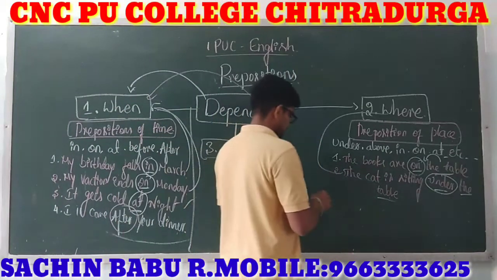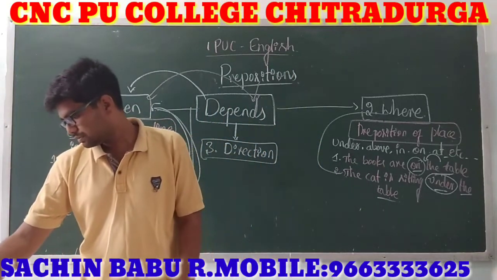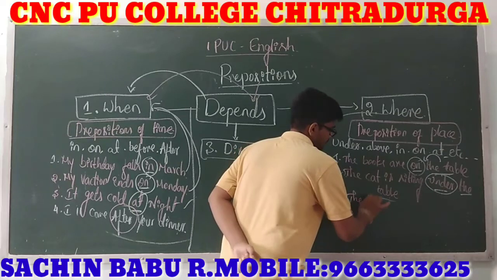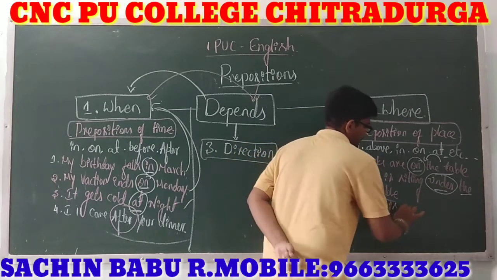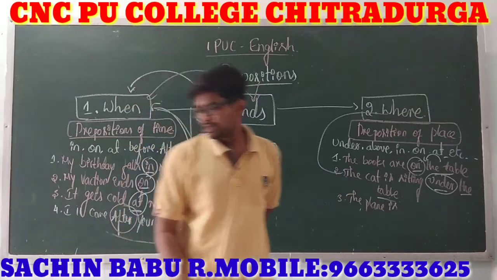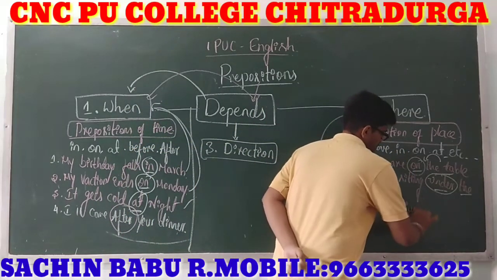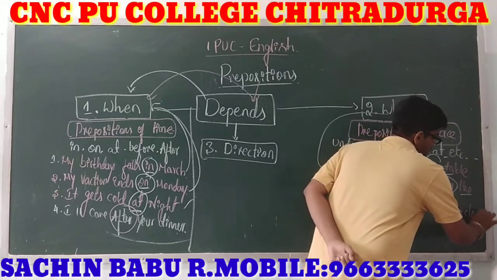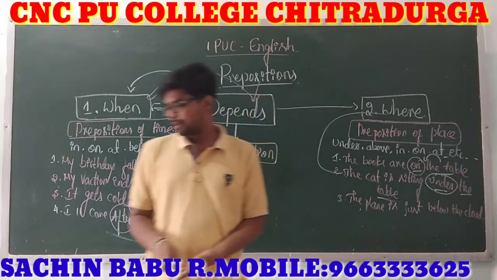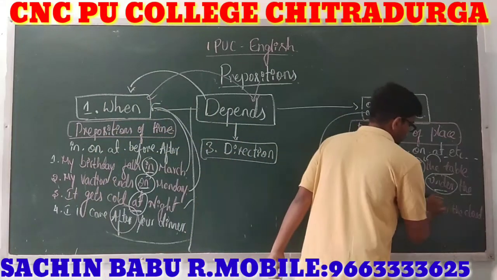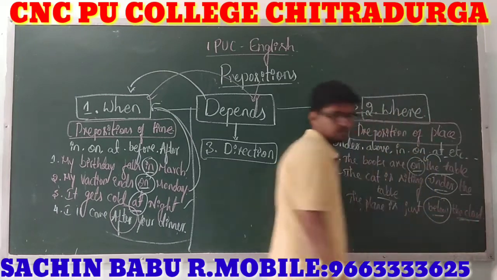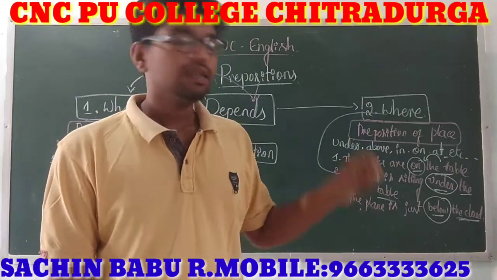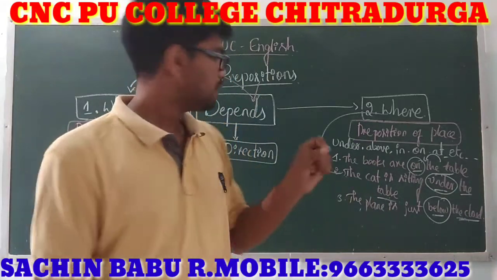And the next example is that the plane is just below the cloud. Look here. What is the preposition? Below. Cloud is a noun. Where is the plane?